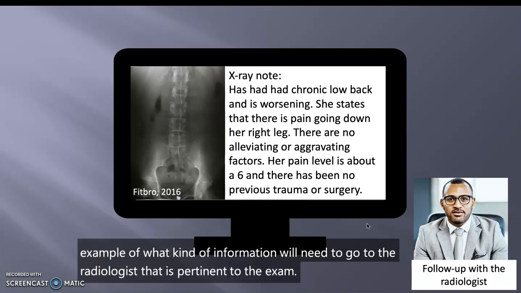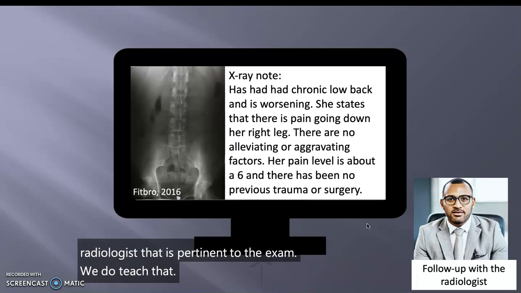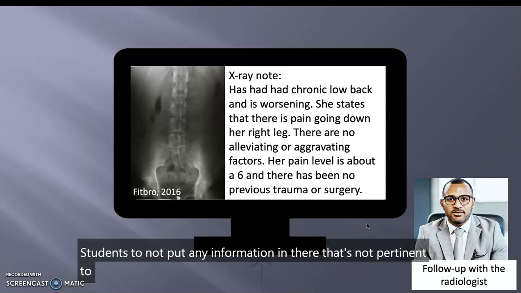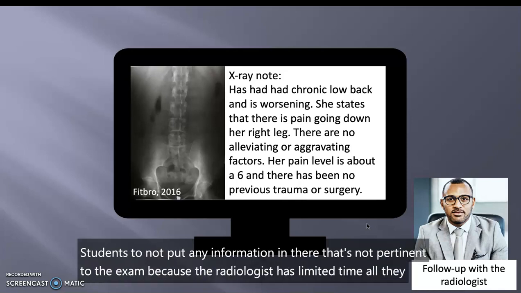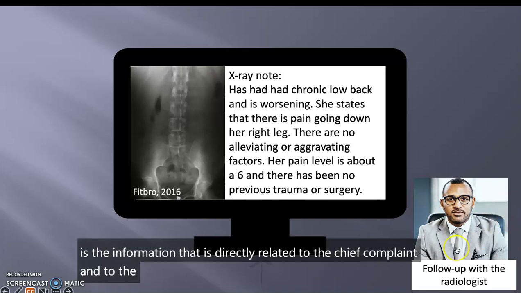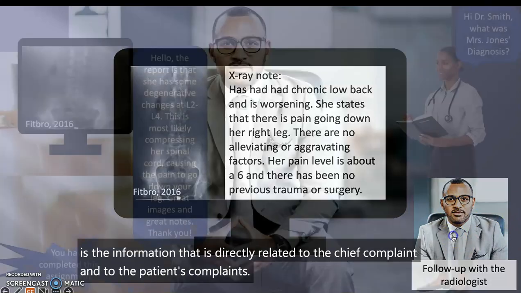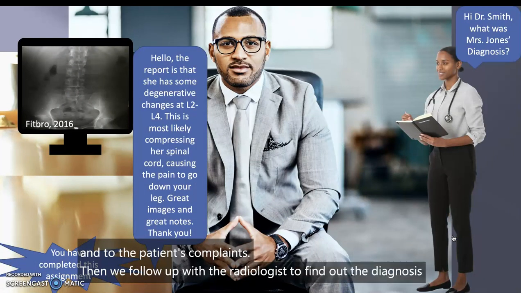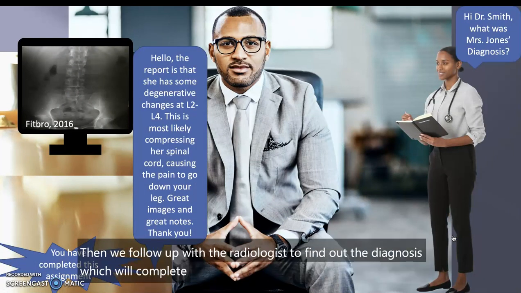We do teach the students to not put any information in there that's not pertinent to the exam because the radiologist has limited time. All they want is the information that is directly related to the chief complaint and to the patient's complaints. Then we follow up with the radiologist to find out the diagnosis, which will complete their worksheet.